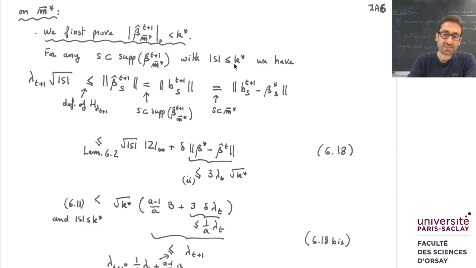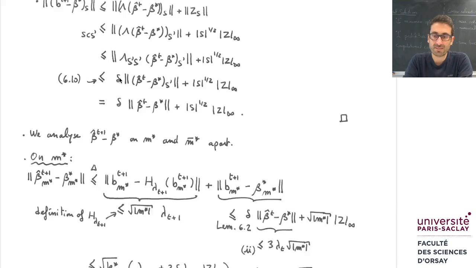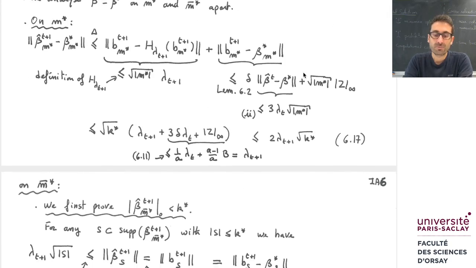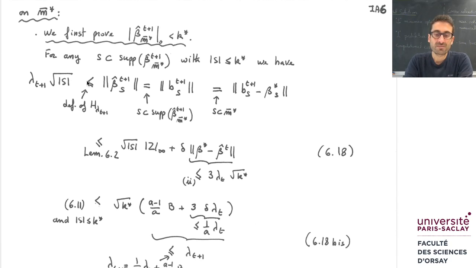Let us look at beta t plus 1 on S. Since S is in the support, we know that all the values are non-zero, but even more, since this has been obtained by Hard-Thresholding, we know that since the values are non-zero, they are larger than lambda t plus 1.